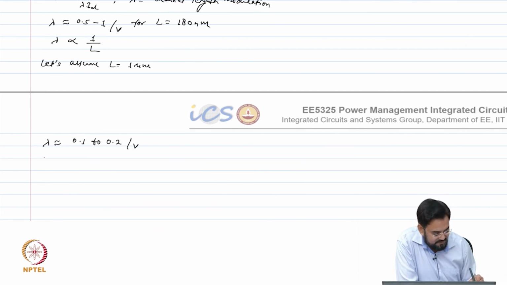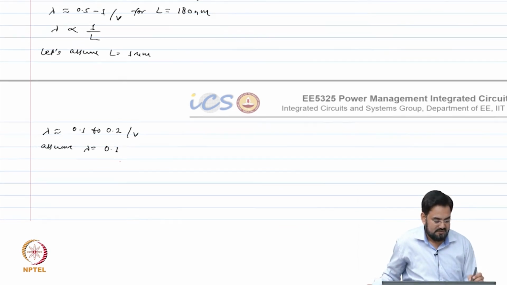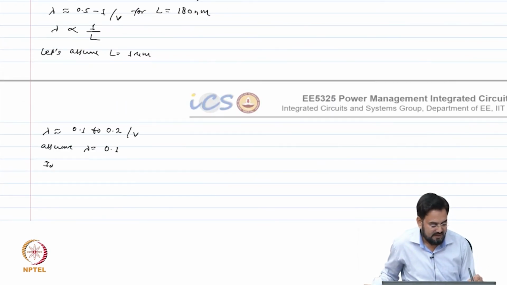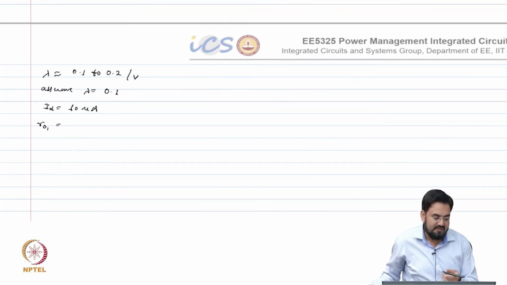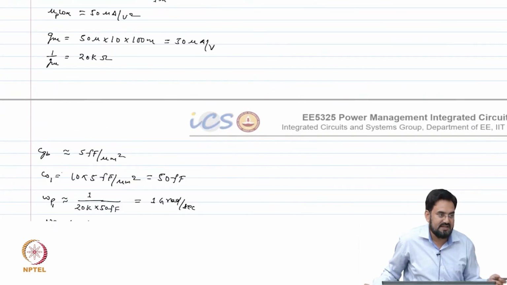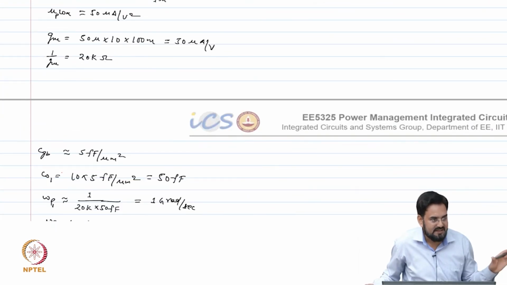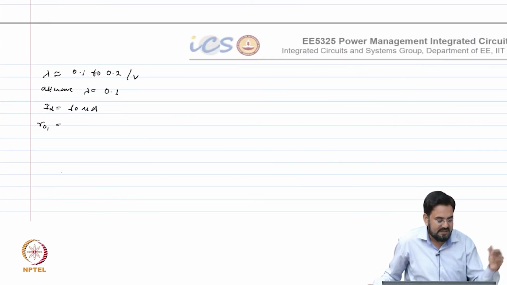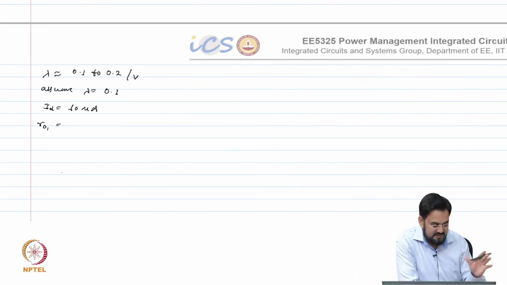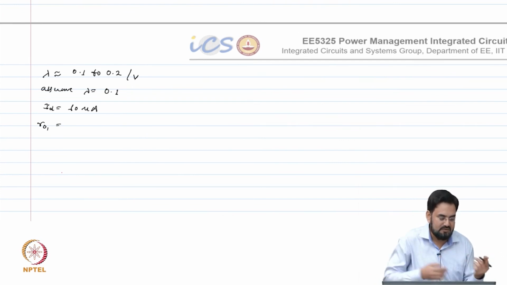So, let us assume lambda equal to 0.1 in this case, and ID equal to 10 micro amp. So, what is RO1? By the way, this lambda might be different for PMOS and NMOS, but for simplicity let us assume same for the calculation. When you start simulating you may get a different number, but that is fine. I just want to give you an idea how you find the R out.